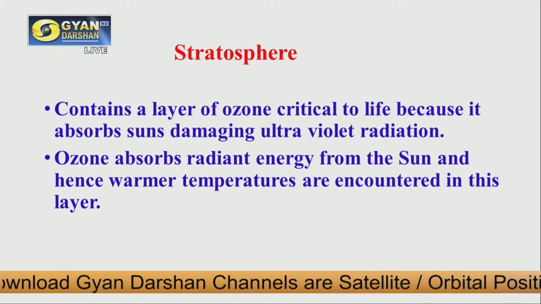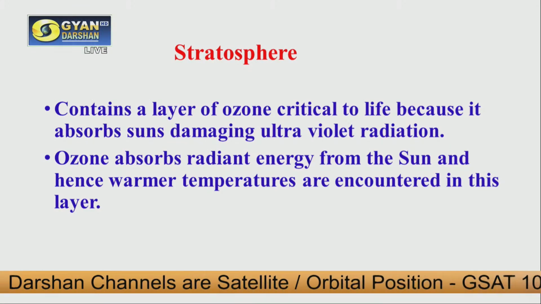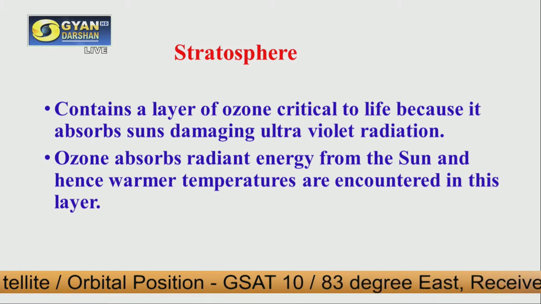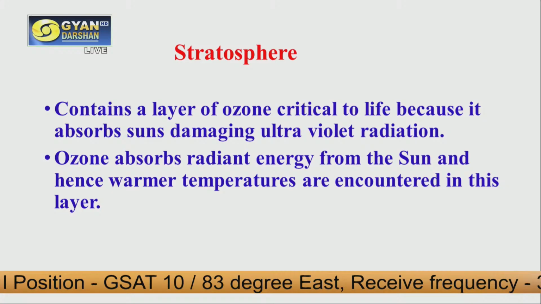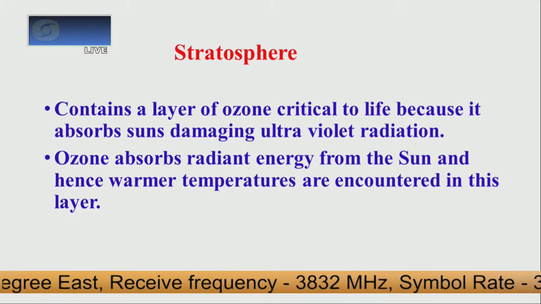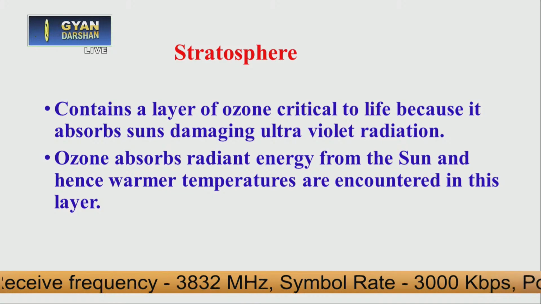It contains the layer of ozone, critical to life because it absorbs the sun's damaging ultraviolet radiation. As I told you earlier, this layer contains the ozone layer, and this ozone layer protects us from the harmful ultraviolet rays coming from the sun. If this is not there, then life on Earth will be almost impossible.